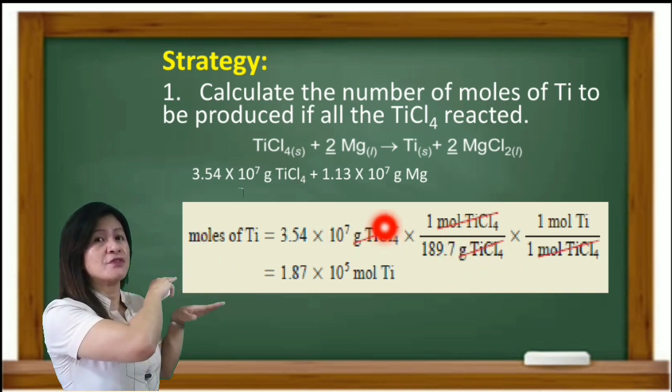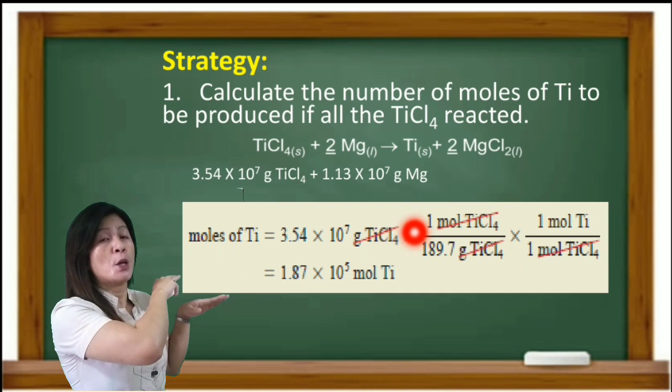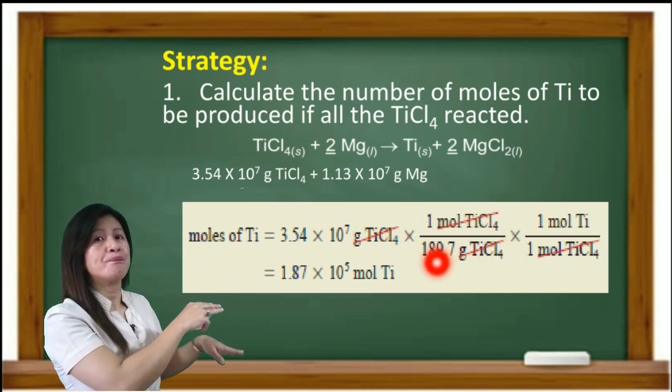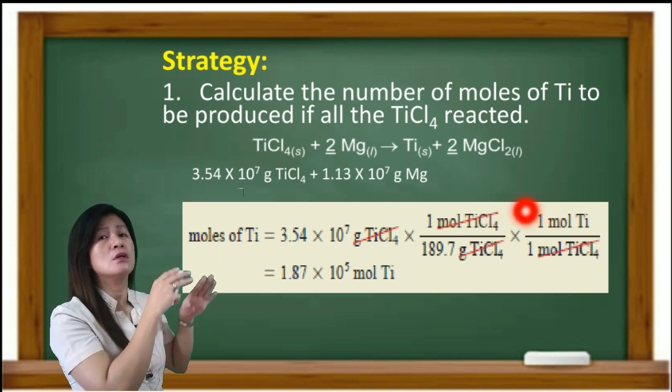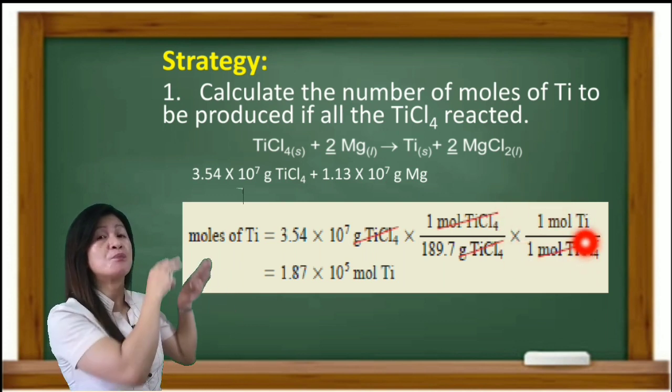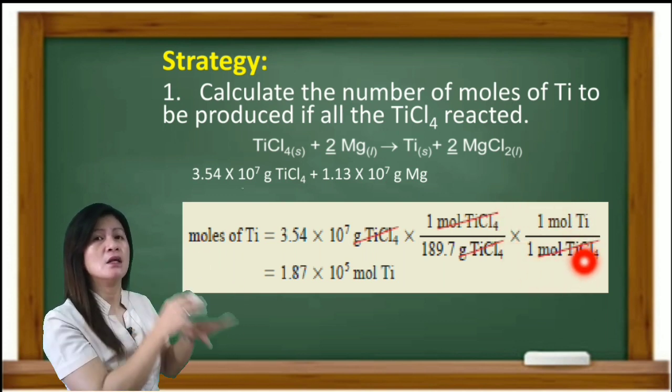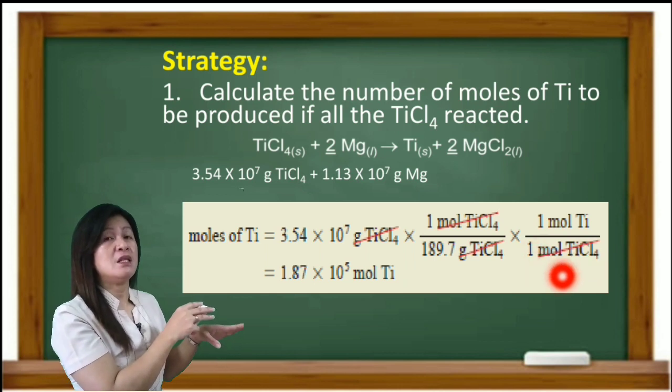Let's cancel grams of titanium(IV) chloride, numerator and denominator, and multiply again by the mole relationship between our desired product and our initial reactant, titanium(IV) chloride.